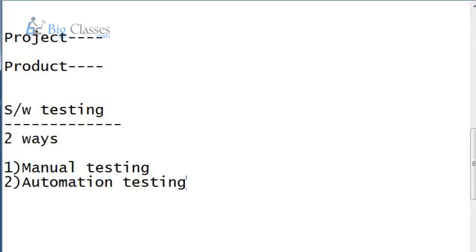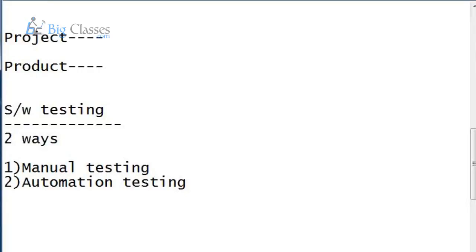Automation testing means the testing engineer conducts testing on the application with the help of tools and software. So manual testing is a process of executing an application by human interaction, and automation testing is a process of executing an application with the help of tools and software.